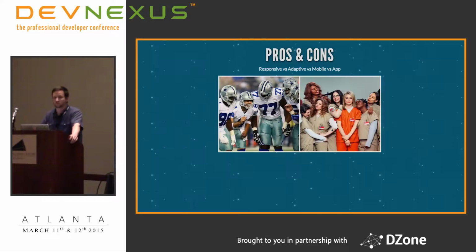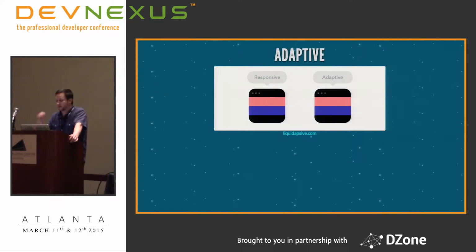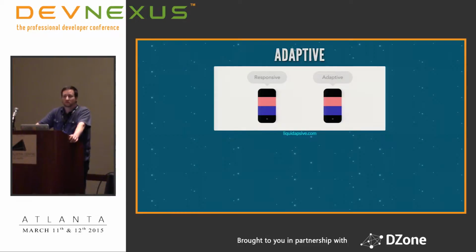So let's briefly go into the pros and cons. I'm not going to share with you all the different types of pros and cons, and if you can't read the small text up there, it's responsive versus adaptive versus mobile versus app. There are many different solutions out there, and you have to make that decision of which way to go. But we're going to focus quickly on adaptive versus responsive, and you'll see from this graphic that adaptive is a common solution.